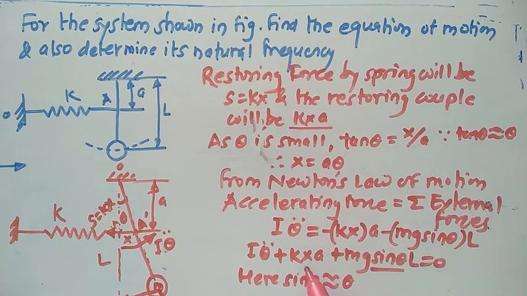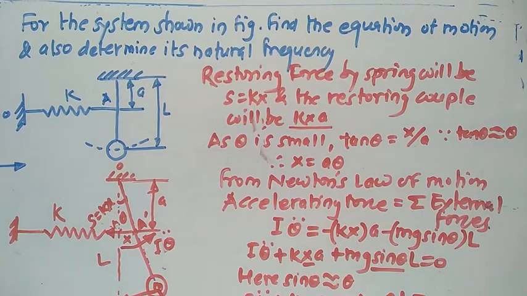So replace this x by a theta, and this a will remain as it is. After replacing x by a theta, plus mg times theta into L, equals 0.